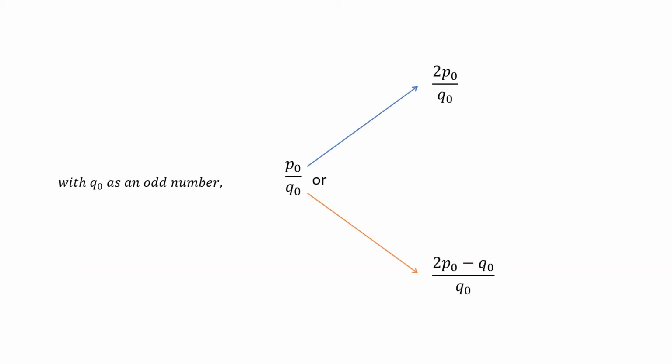If the denominator is odd, then it would be the same for all the set. As for the numerator, it will increase whenever the arrow is blue and will decrease whenever the arrow is orange. Since q is greater than p, 2p minus q is less than p. We will only focus on fractions with odd denominators.